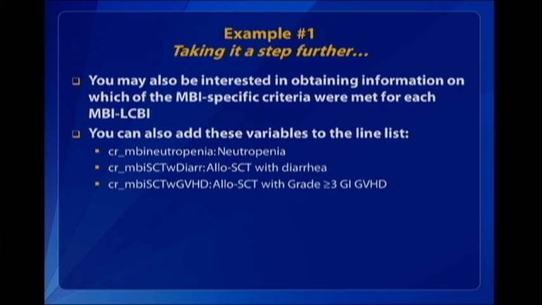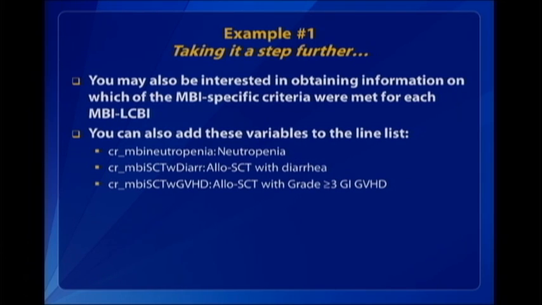Okay, with example number one, and this is just a heads up to you, if you're interested in looking at what are the criteria we used to identify these MBI-LCBIs. Let's say you're interested in knowing which one of those three criteria were used. You can add these variable names to your line list.